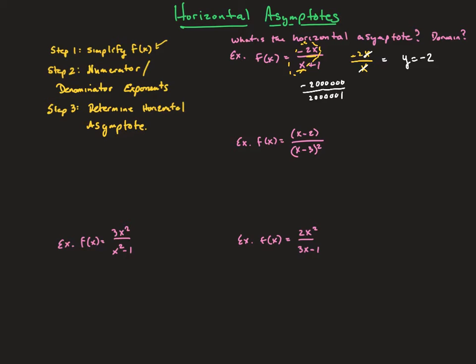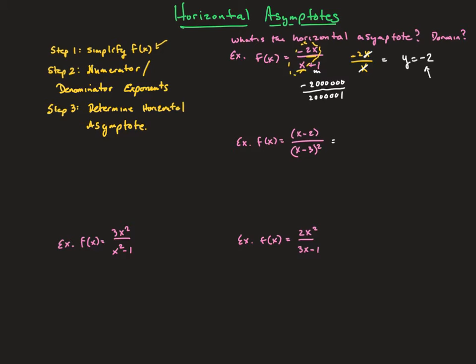Well, that 1 is really an insignificant value. As my number gets larger, this 1 over here becomes very insignificant. That's why we're able to ignore it and just say it looks like my horizontal asymptote would be negative 2.